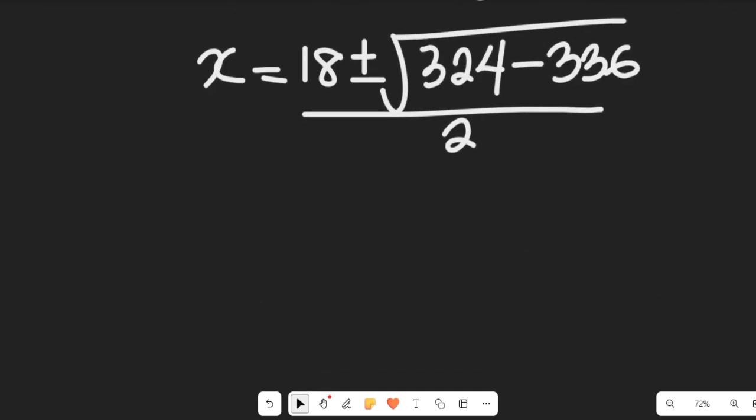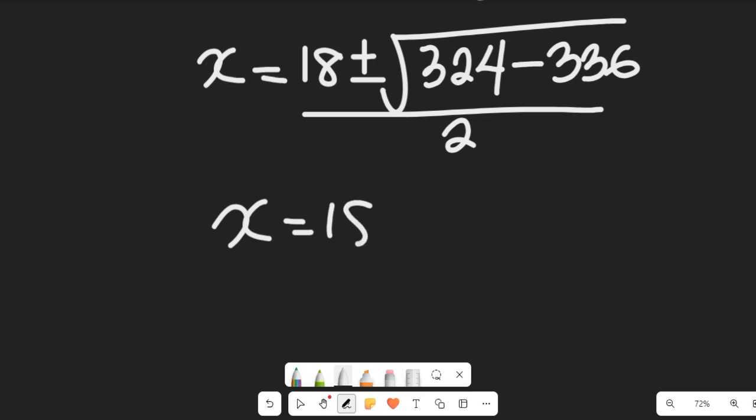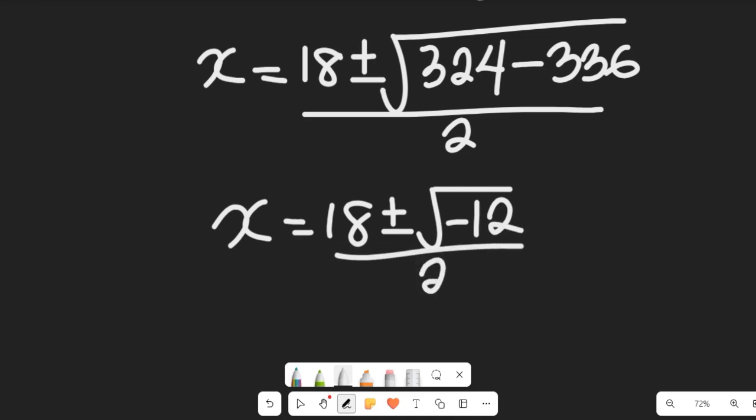From that point, we'll simplify further. 324 minus 336 gives us negative 12. And so the value of our x will be equal to 18 plus or minus the square root of negative 12, all divided by 2.